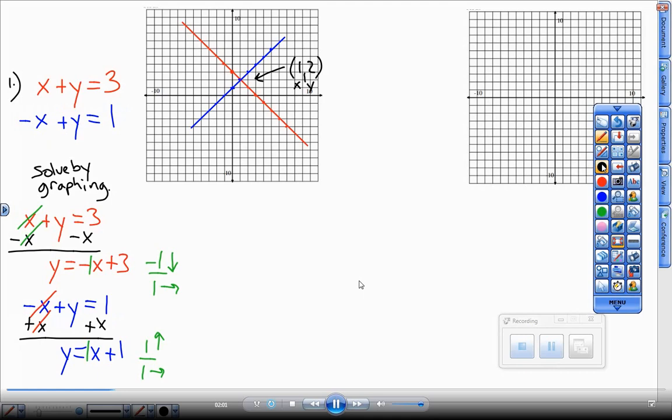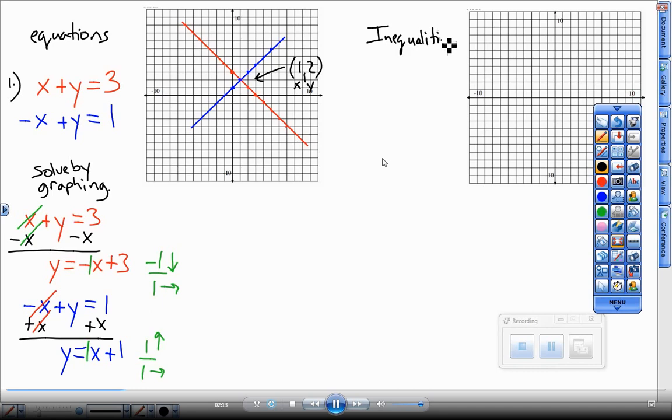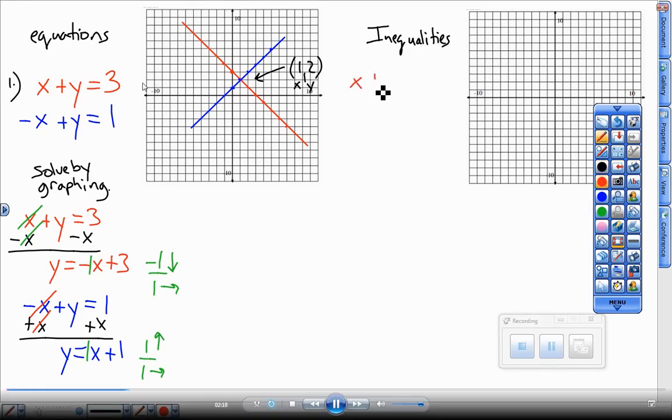Next week, we're going to start taking these systems of equations and turn them into systems of inequalities. You have to know for Module 5 how to graph a system of inequalities. So for that, I'm going to take these same 2 equations, put an inequality in them. So instead of equal 3, this is x plus y more than or equal to 3.